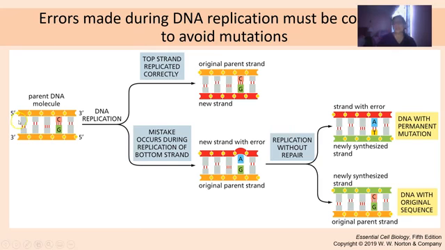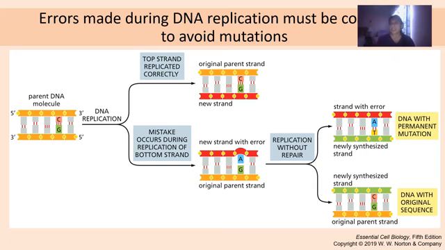Here you can see that if you didn't repair mistakes that had happened in the parent DNA molecule, then as the DNA is replicated, from the original parent, you're going to end up with a permanent mutation in one of the cells, because once that strand with error has been replicated, that's the new strand, that's the new sequence, that's what's going to get replicated every single time.